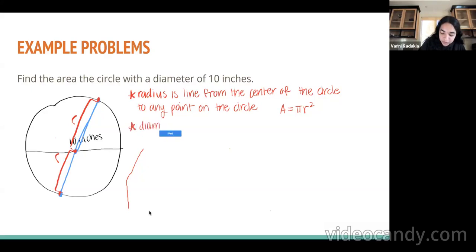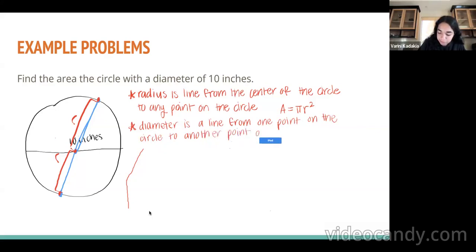Diameter is a line from one point on the circle to another point on the circle that passes through the center.